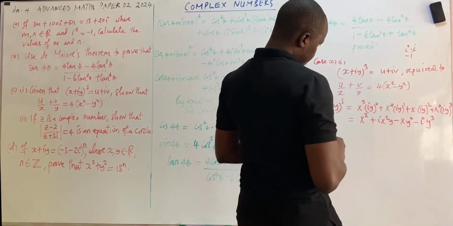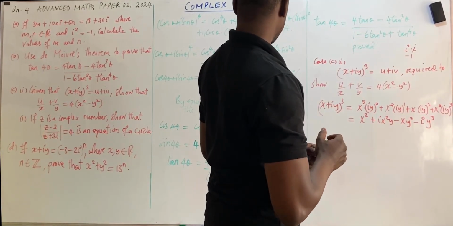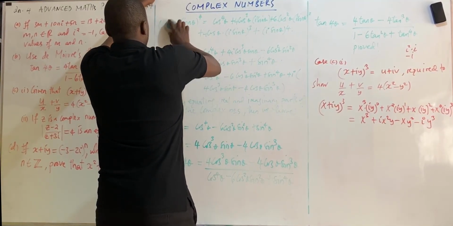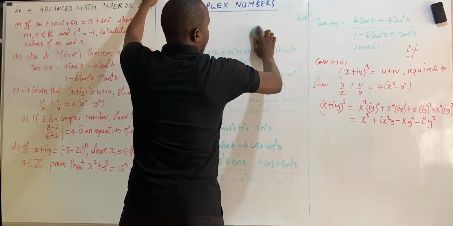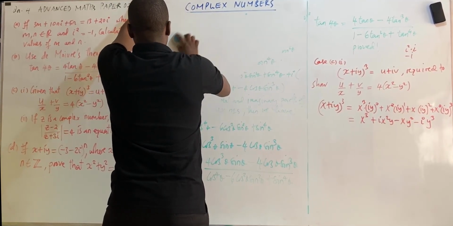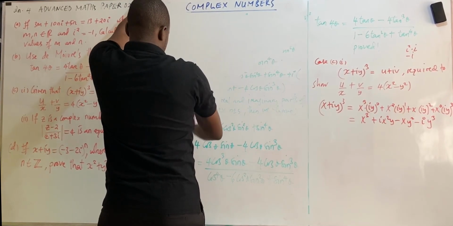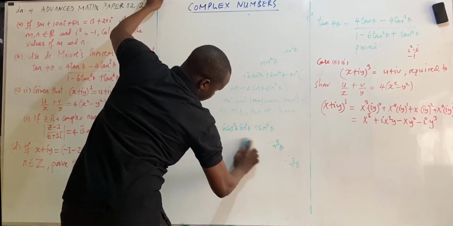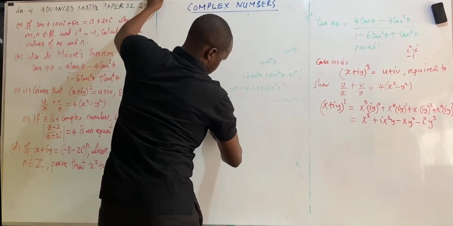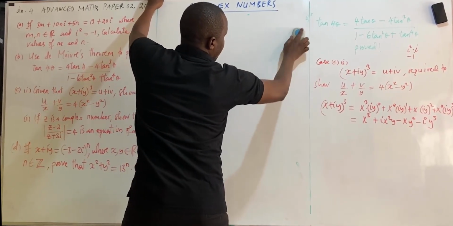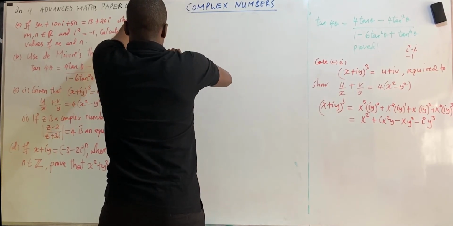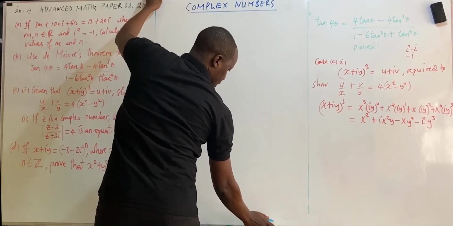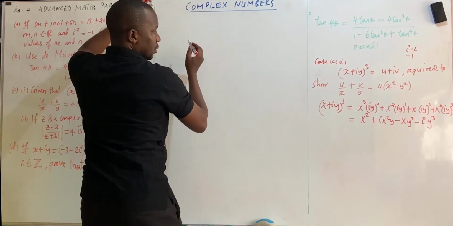Now we come to insert the coefficients. From the concept of Pascal's triangle, we can determine the coefficients of the terms from the expanded expression or the series. So now we can start that game of Pascal's triangle.